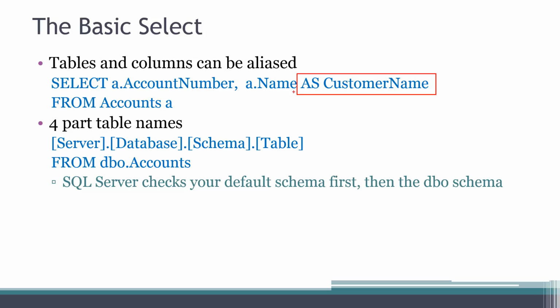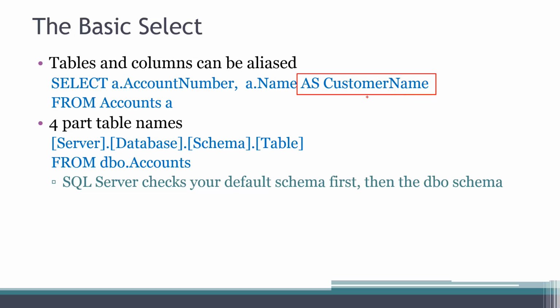It's saying instead of naming this column name, give it the name of customer name. This is a name that's going to be much more descriptive for the people who are using the data, and it's going to be a lot clearer what's going on. I am in favor of aliasing columns when you need to, particularly when you have several column names that have the same name. You need to differentiate them.